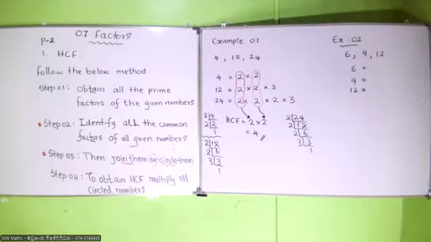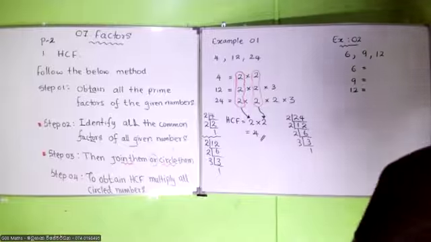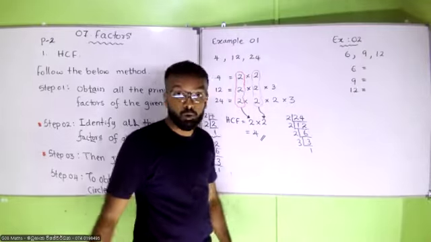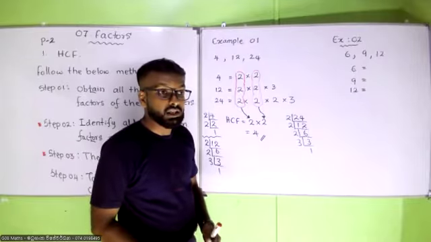In the exam also they might ask you to find the HCF of different numbers, so you have to find the HCF of the numbers they have given. Then you are asking, can't we take 3? No, we can't take 3.